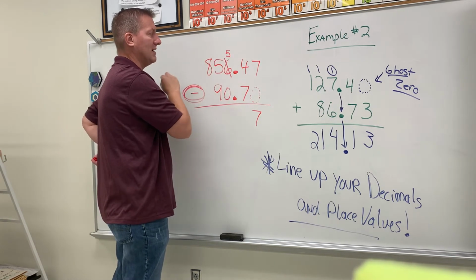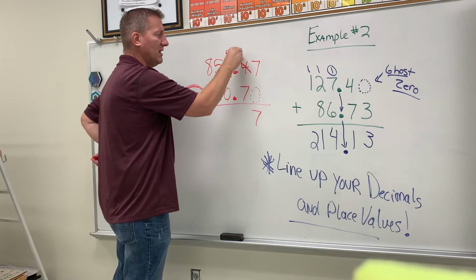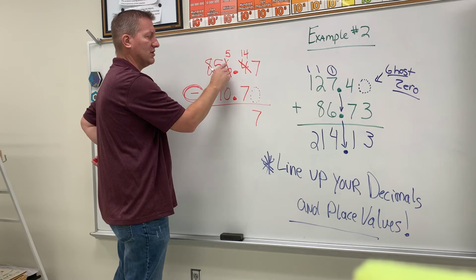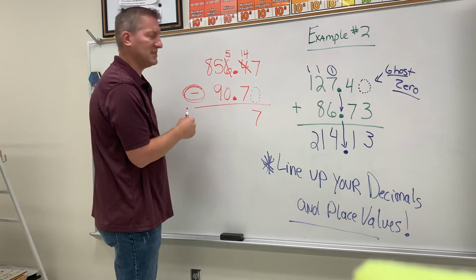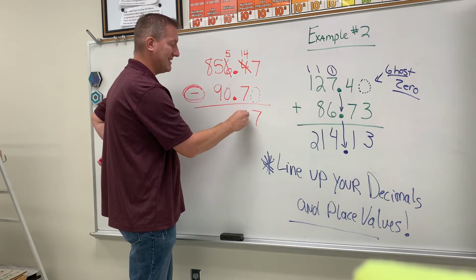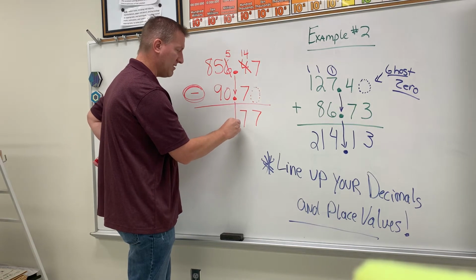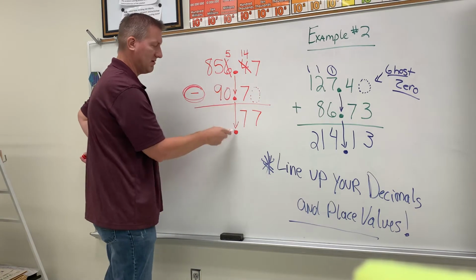So I'm gonna take 10 out of this one, bring 10 over here, because that's our place value. So 14 minus 7 is 7. The decimal is going to drop straight down here, isn't it? I know right where to put my decimal.